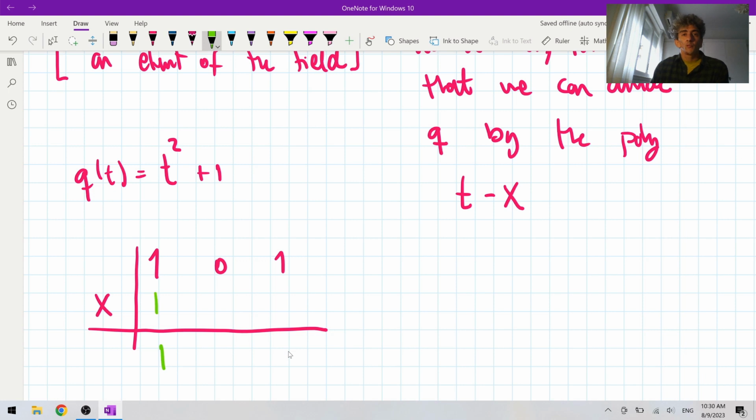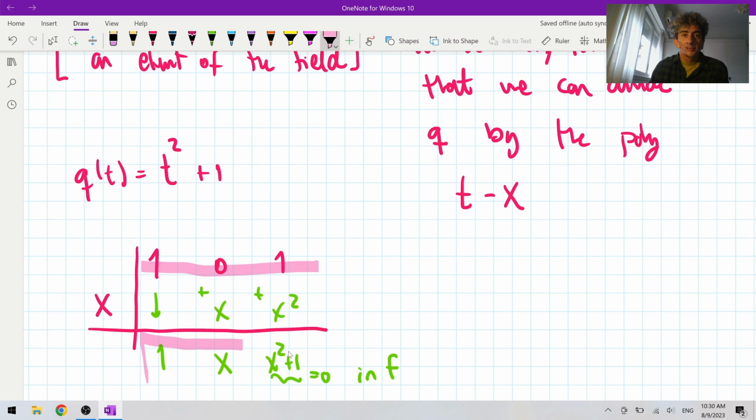So we lower the first coefficient, we multiply, and then we add. And remember that x squared plus 1 is actually 0 in F. So this means that these are the coefficients of Q, and these are the coefficients of the quotient.